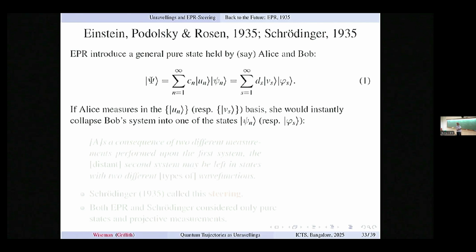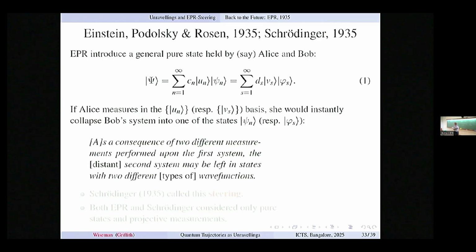This is just two different ways of writing the same state using different bases for Alice, the first party here. This is telling you that if Alice measures in the U basis, she's going to collapse Bob's state into one of these states, whereas if she measures in the V basis, she'll collapse Bob's state into one of these pure states here.